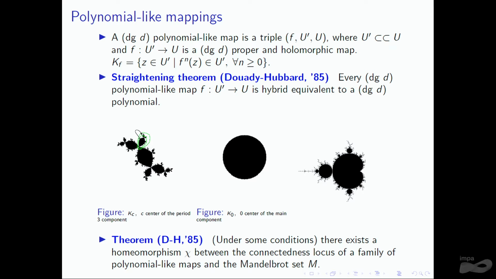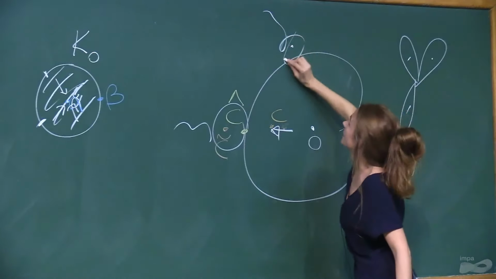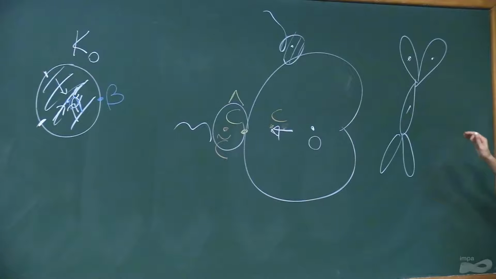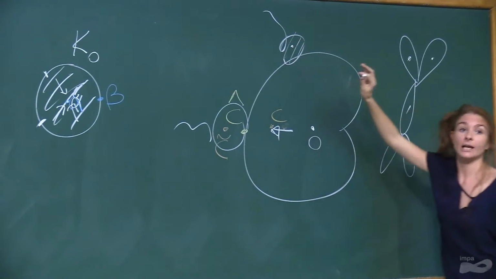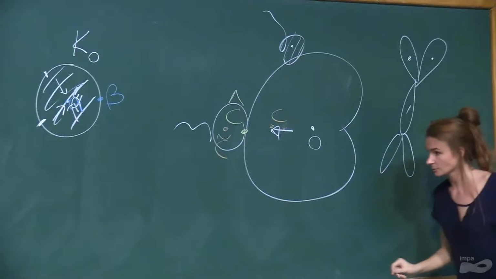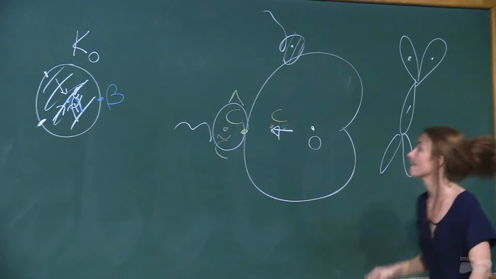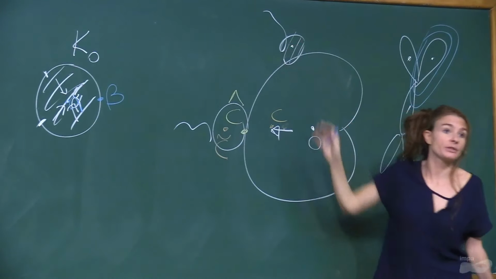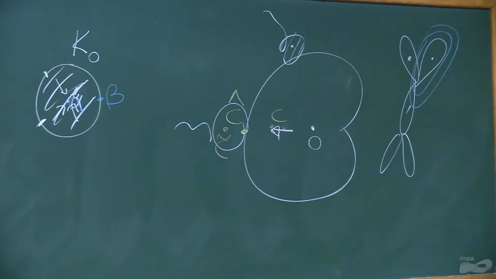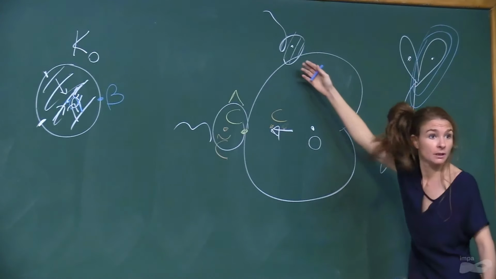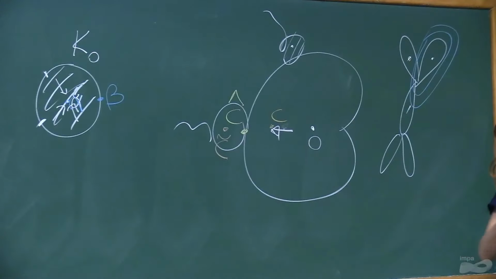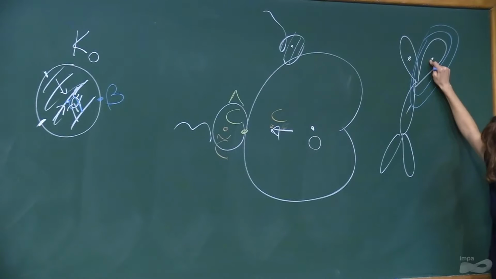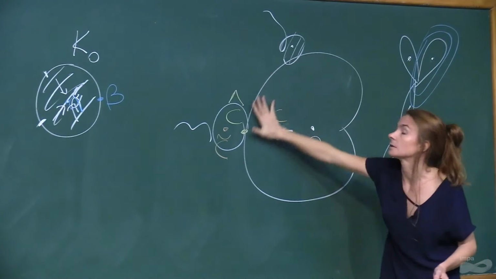For everybody inside here, my periodic orbit is attracting. For everybody inside here, I can take a polynomial-like restriction of this guy. And for everybody inside here, there is a degree 2 polynomial which is equivalent to it. And this degree 2 polynomial has an attracting point. The polynomial with an attracting point lives here.